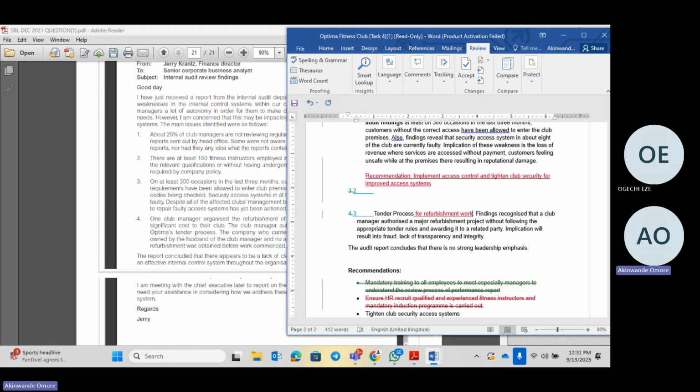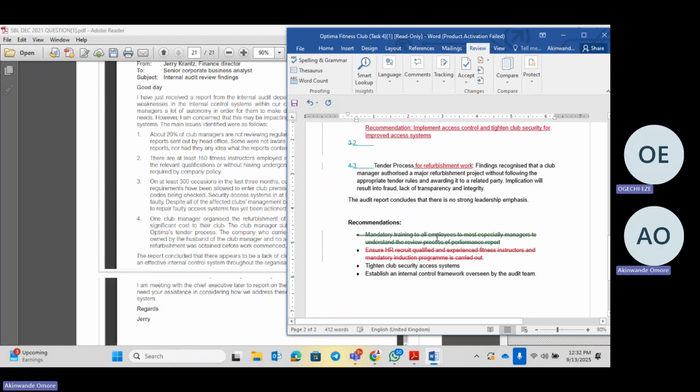This is how we mark all the missing points. All the missing ones are points that the student is missing. Findings recognize that the club manager authorized a major refurbishment without following Optima's tender process. What's the recommendation?